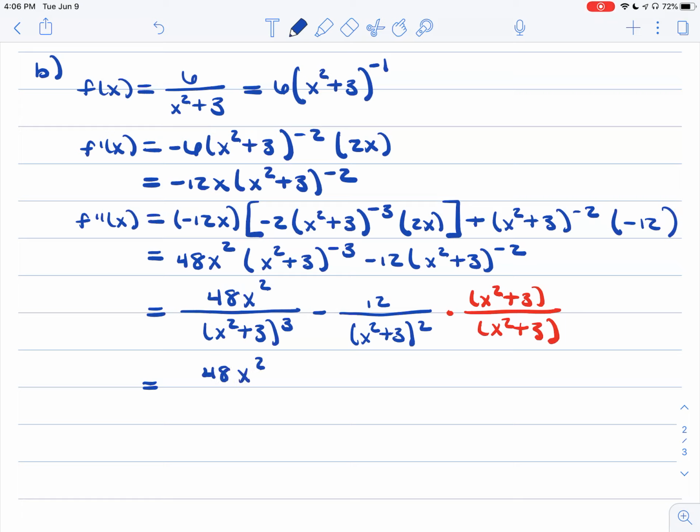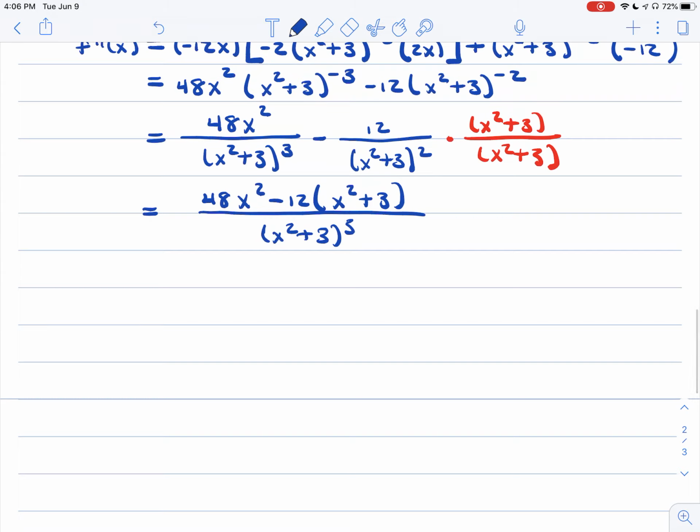We'd have 48x squared minus 12 times the x squared plus 3 all over x squared plus 3 quantity cubed. All right, keep simplifying a little bit.